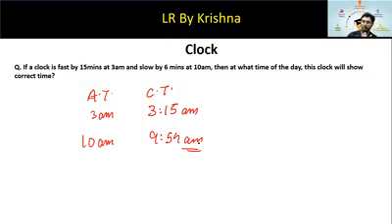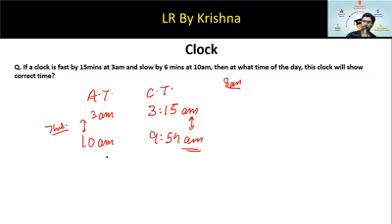Nice. See, obviously answer should be 8 a.m., right? Why? What is happening in these 7 hours? In these 7 hours, this clock is losing how many minutes? 15 minutes from here. It was not required.